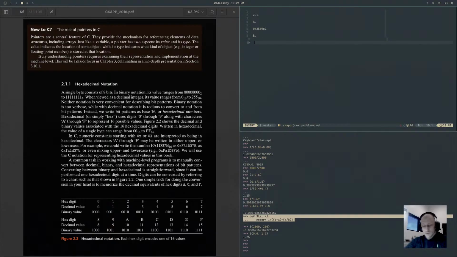B is going to be 1010111001001001001. Take that to hex. Take this to binary. Actually, you know what? I'll just pull these things up here. I think that makes sense.